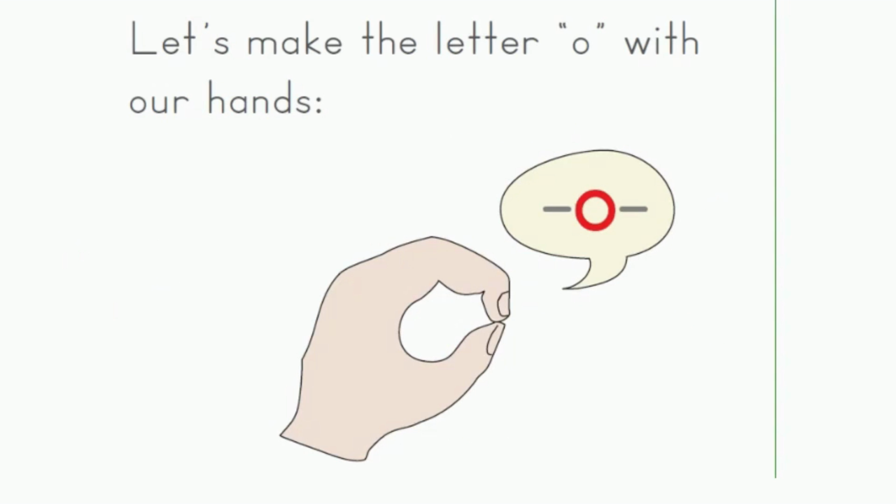By seeing this picture, can you remember how we make the letter O with our hands? Yes, with your left hand, with your thumb finger and the first finger, you can make the letter O. Here, I will show you a trick to remember how to write the letter O. You can start the letter O from this nail, go round and round, and come back to the nail which you started.